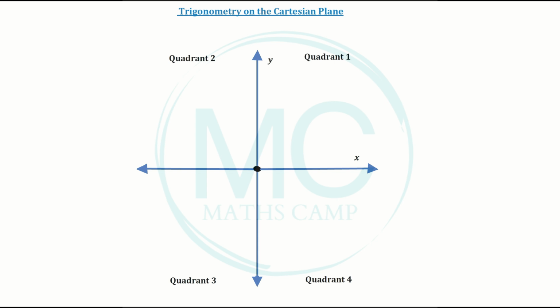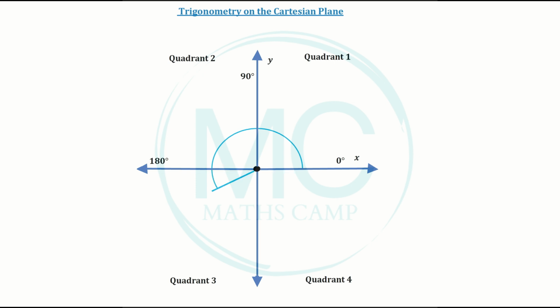Let's start by drawing our terminal arm along the x-axis. Because this line lies on the axis, we have an angle of 0 degrees. Moving up towards the y-axis, we now have 90 degrees. As we carry on back down toward the x-axis, we have another 90 degrees, which gives us 180 degrees.